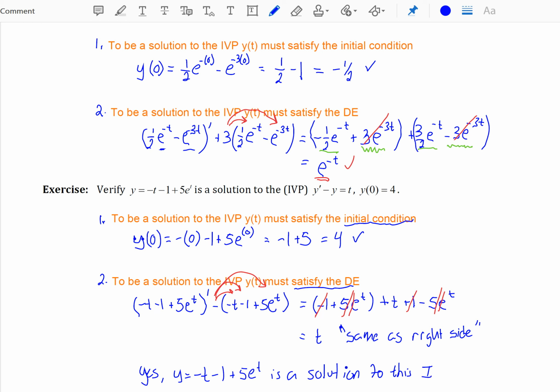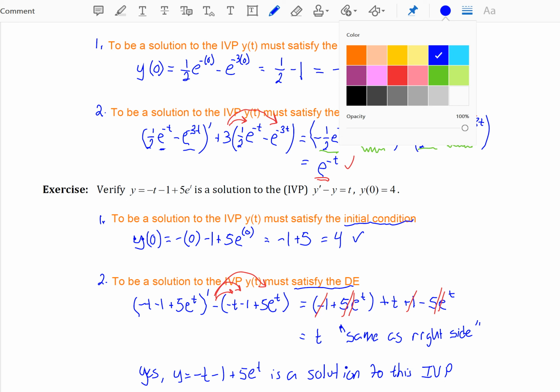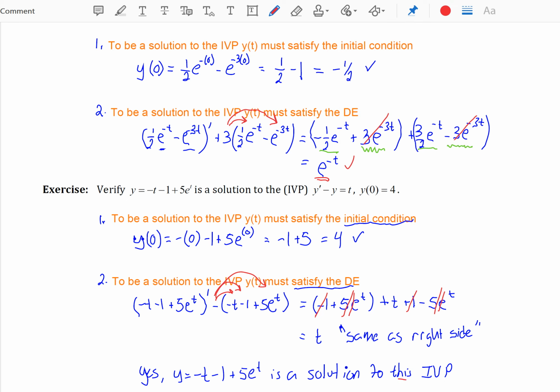And I want to emphasize this IVP because if I were to change the initial condition, it might not have worked. If I had required this to go through the point 0, 8, then this solution would not have gone through 0, 8. So again, notice that your solution will not satisfy every initial value problem, but it does satisfy this initial value problem.